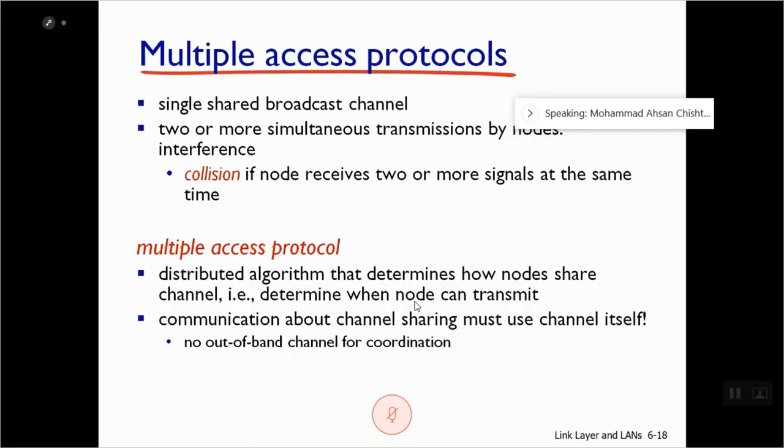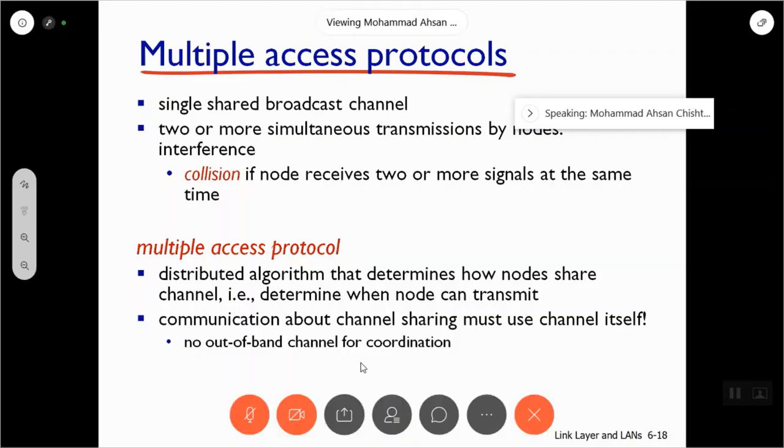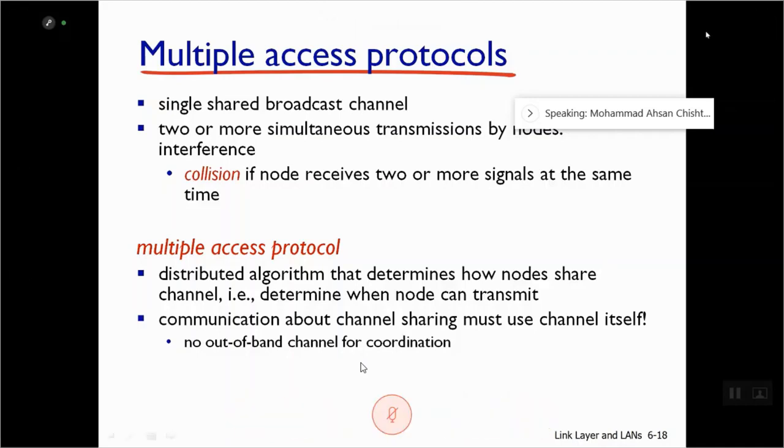Like, for example, in class, to stop everyone speaking, we would use some kind of protocol in which we make sure that there is no noise. I will give everybody a chance to speak, but do not all speak at once.